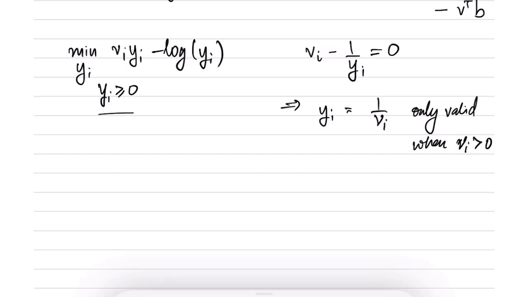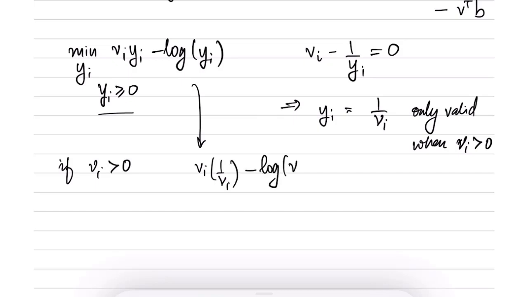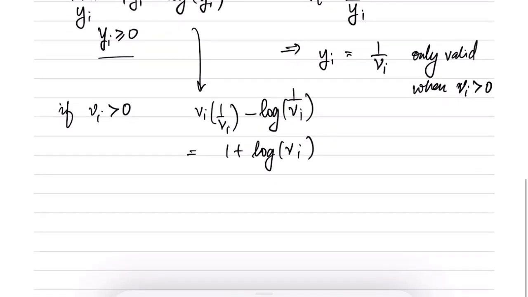So in case nu i is greater than 0, let us also substitute it back, and we will see that this minimization is equal to nu i times 1 by nu i minus log of 1 by nu i, which is basically 1 plus log nu i. So in case nu i is positive, then it is 1 plus log nu i.